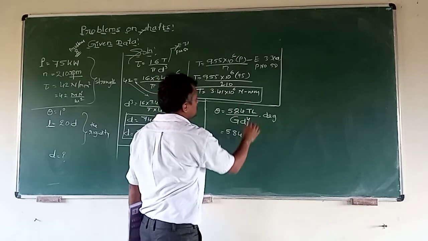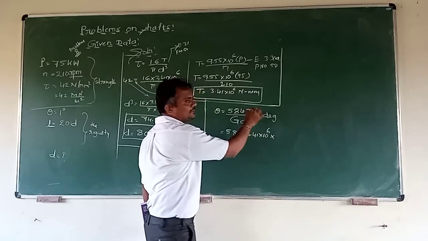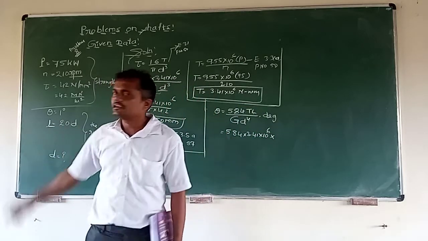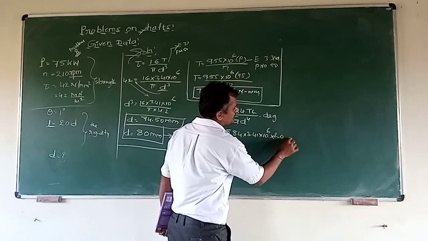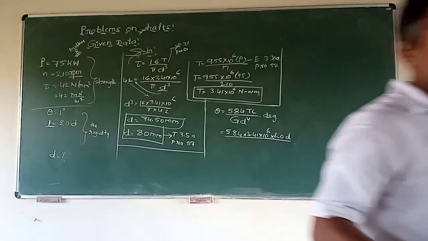So 584 into 3.41 into 10 raised to 6 into, in place of L, I can substitute 20 diameters, whole divided by G. What is the value of G?